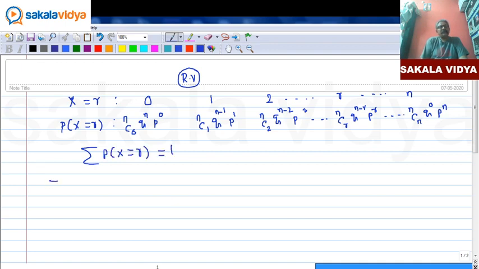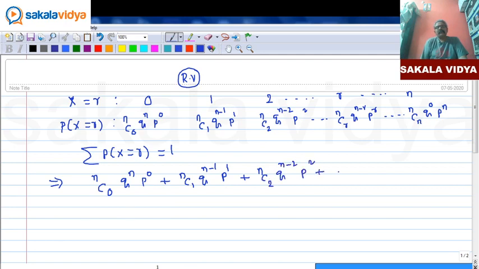So we can write nC0 q to the power of n p power 0 plus nC1 q to the power of n minus 1 p power 1 plus nC2 q to the power of n minus 2 p square, and so on, plus nCn q to the power of 0 p to the power of n equals 1. These are nothing but the terms of the binomial expansion, so we can write (q plus p) whole to the power of n equal to 1.